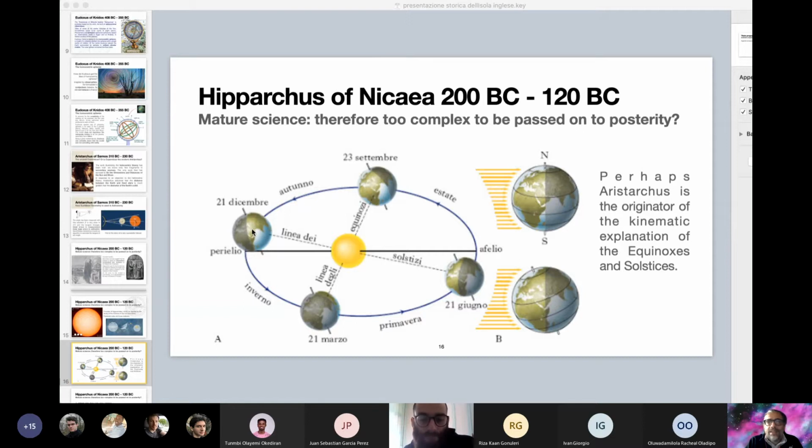This means that north you have winter, south you have summer. On the 21st of June, you have the other way around. The higher amount of light is arriving north and the lower is arriving south.